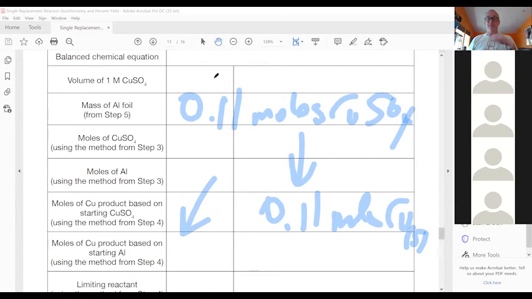And so the amount of copper solid you're going to get at the end will be limited by the amount of aluminum. And that's what a limiting reactant is. It's the one that when you figure out how much product you would get, whichever one is less, that's your limiting reactant. Okay?